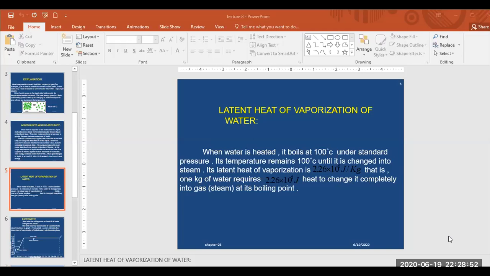The water molecules gain a large amount of heat energy, move up to the upper surface and burst from the surface, releasing the excess energy into the surroundings in the form of steam. So that's why the temperature of the surface remains constant.